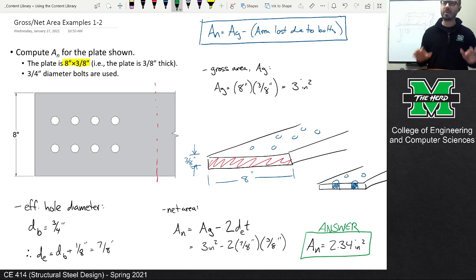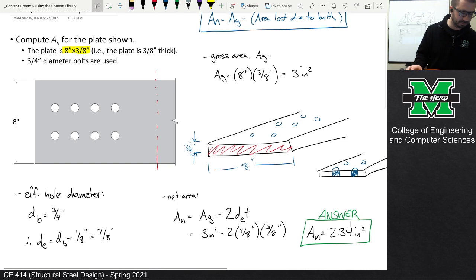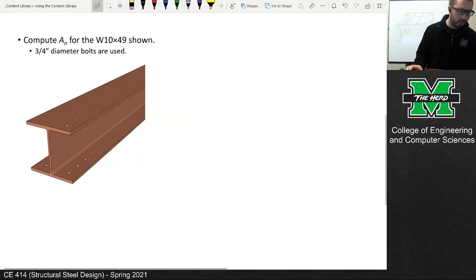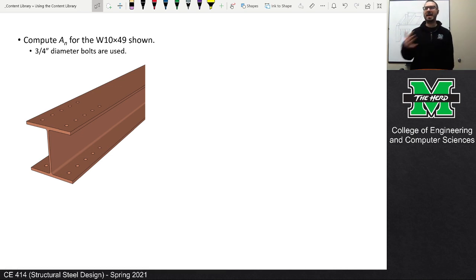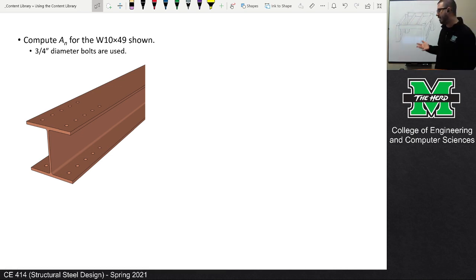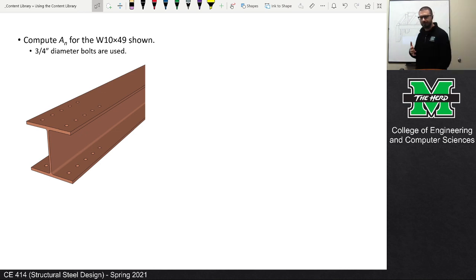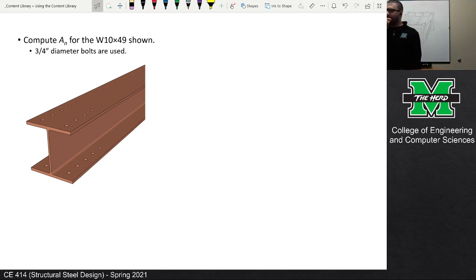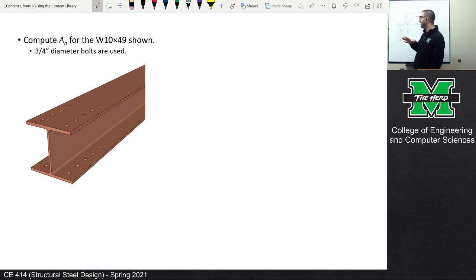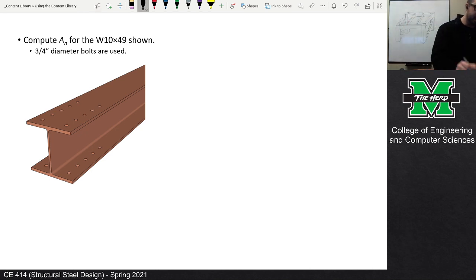Okay, now let's take it a step further. Now let's do this one. Okay, so now we're going to compute the net area for a W10 by 49. Now, in order to find the net area for a W10 by 49, we need the gross area for a W10 by 49.